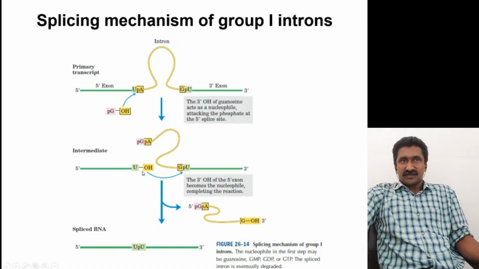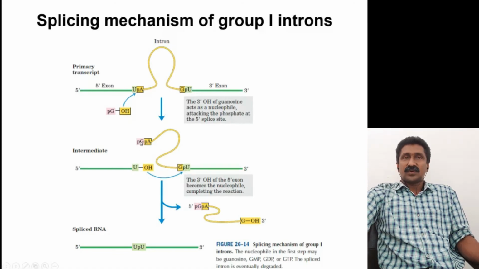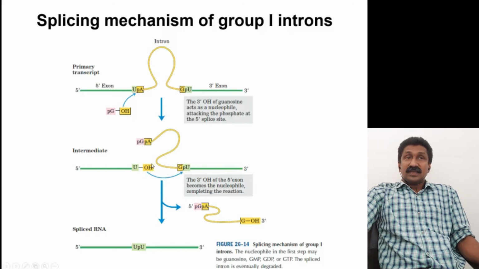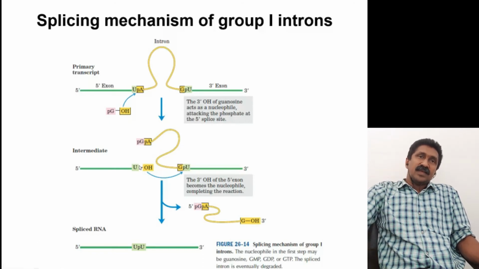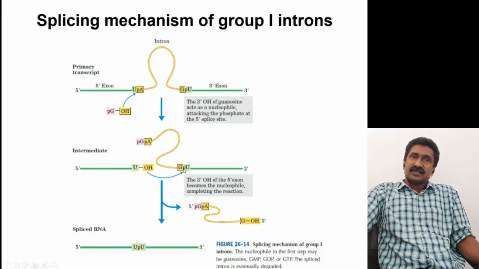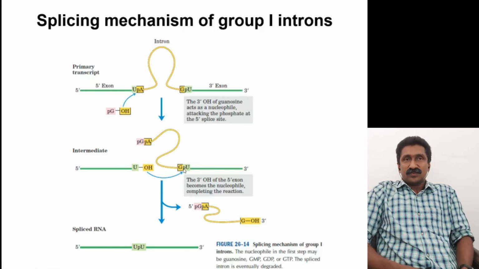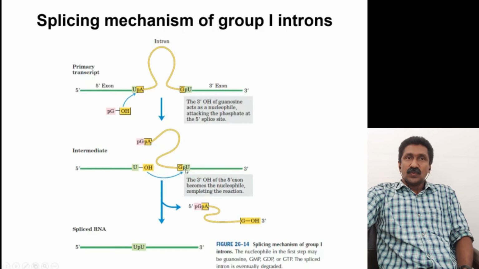The intron is now free, joined with the incoming guanosine. Now another OH group is newly created at the 3' end of the first exon, which will perform another nucleophilic attack on the 3' end of the intron. So this OH will form a bond with this U, releasing this G.